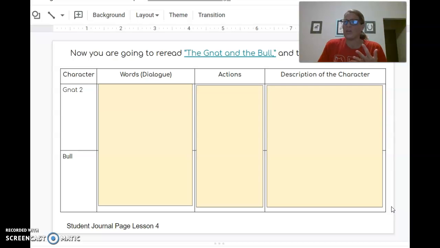Are they perseverant? Are they annoying? Are they boastful? Are they proud? Those kinds of things, to come up with a chart that will show how the characters revealed themselves through their words and their actions, using some really good 4th grade Leaders in Learning adjectives. So I'm excited to see your thoughts today about that story and how you guys viewed the difference in the characters in the two stories.